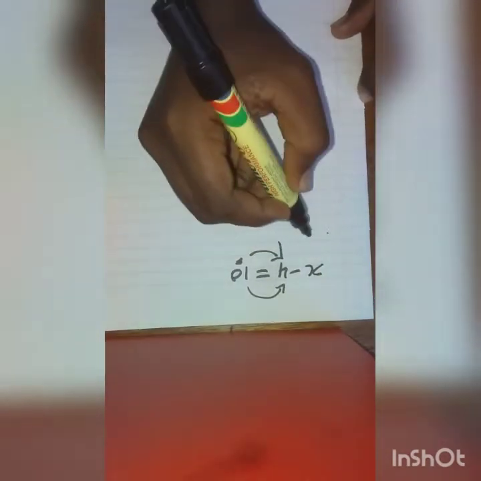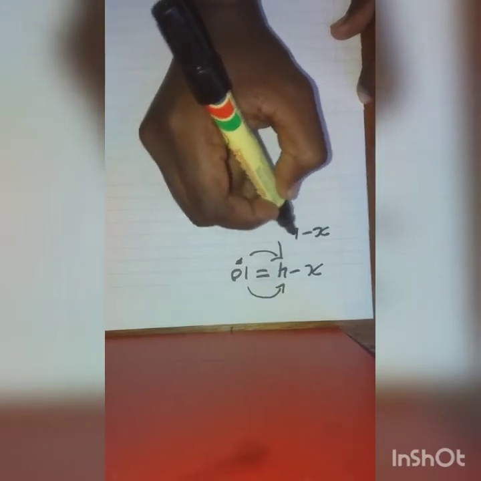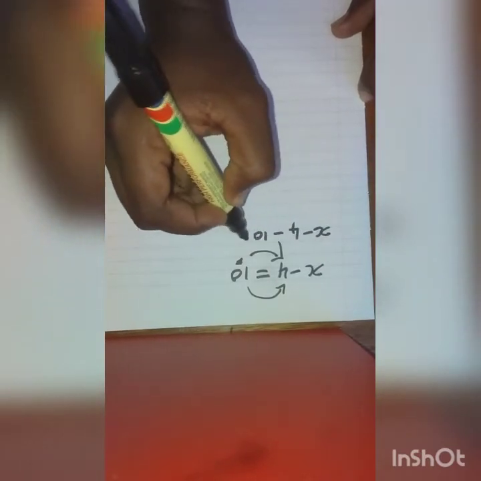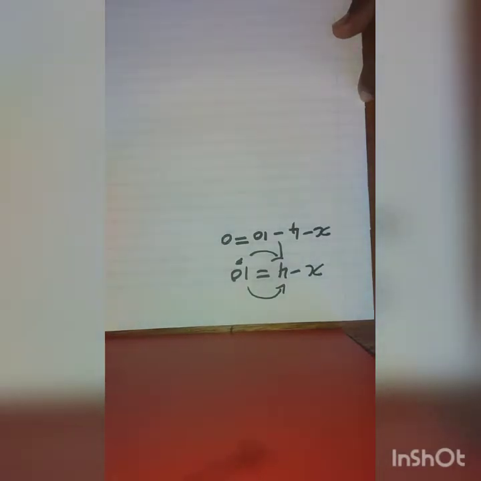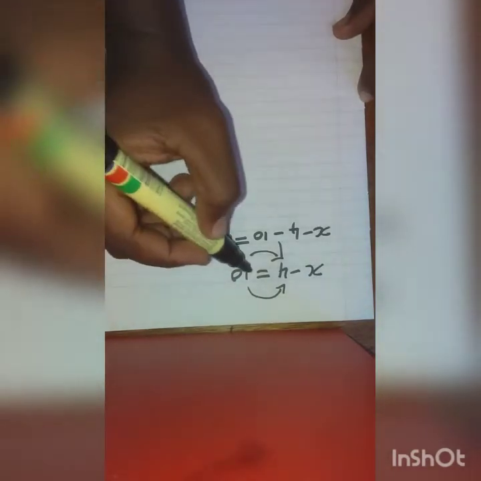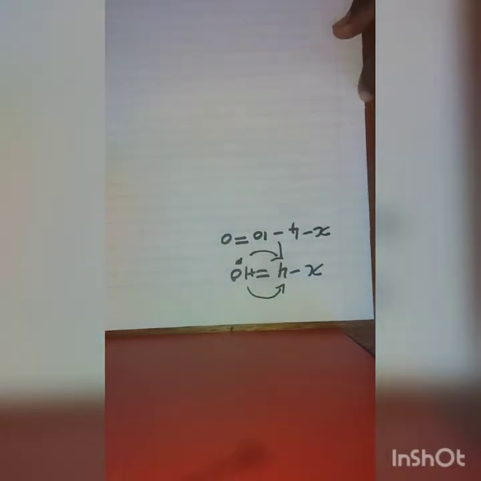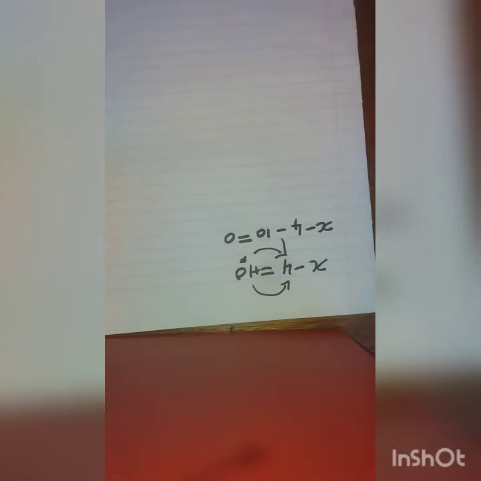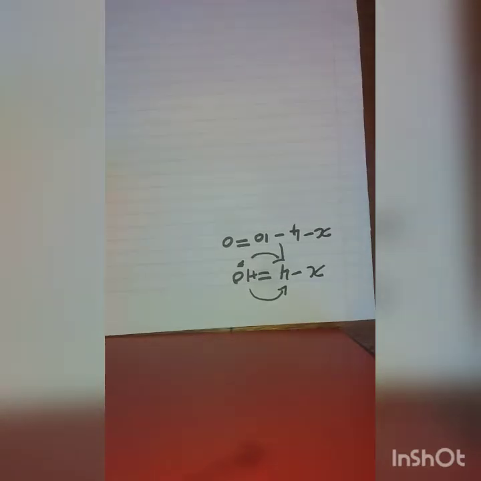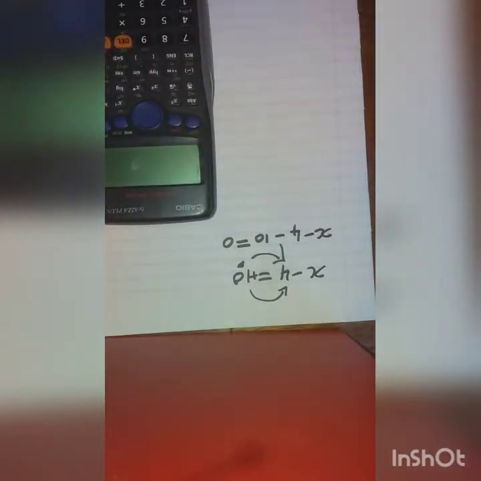So this will be x minus 4 minus 10 is 0, because this 10 was positive here, so when it crosses the equal sign, it becomes negative. Here's my calculator. You can use your calculator if you trust your mind, then yes, you can use your mind.